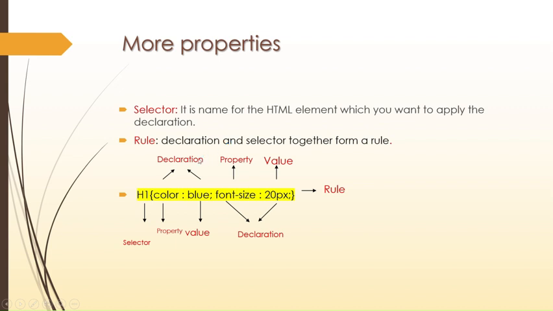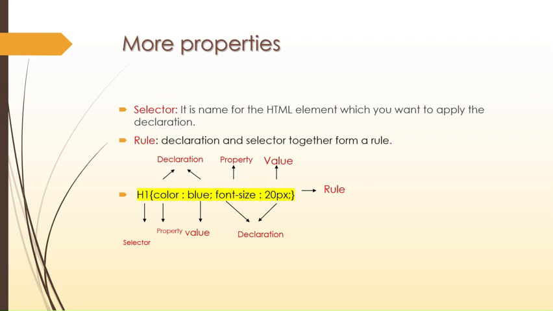For example, if the name of the element is h1, then this h1 is a selector. So we have selected the h1, we have written the property, then we have a value over there. This is known as our selector.